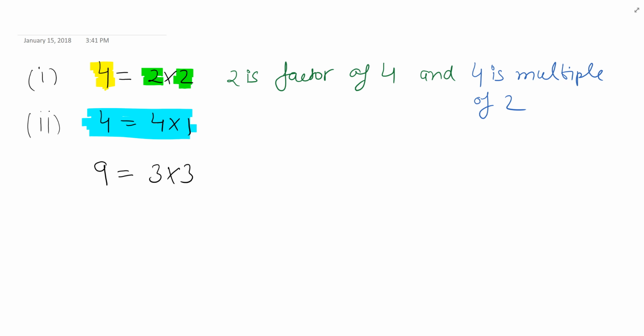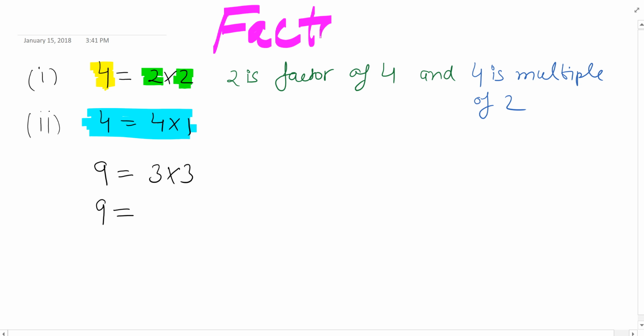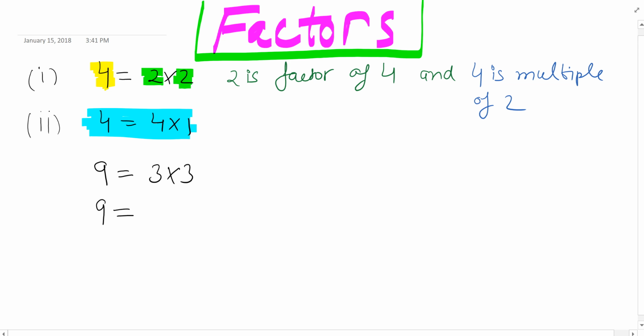Any other factorization of 9? No, not that I could think of. Right, factors. This lecture is about factors, so I write factors on the top. 9 can be written as 3 times 3 or 9 times 1.